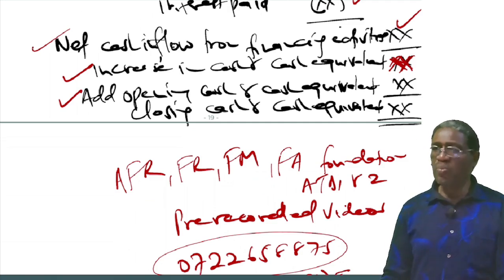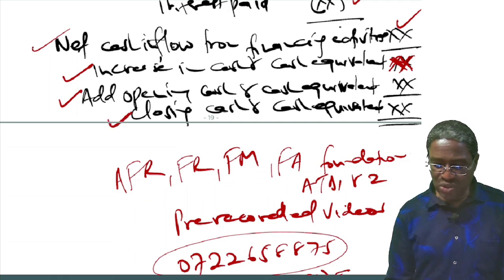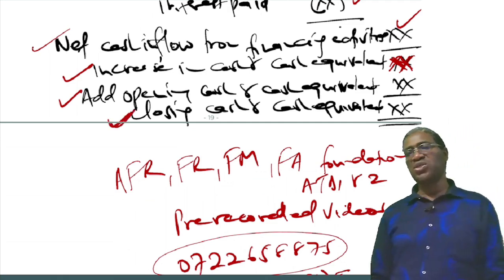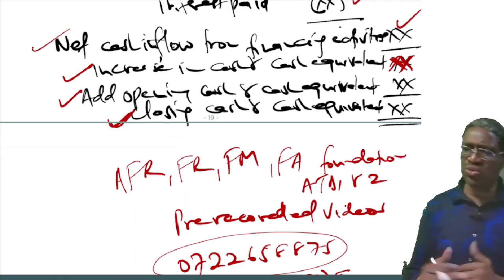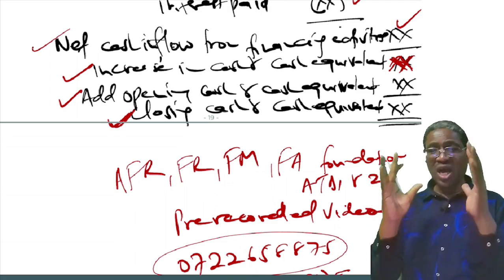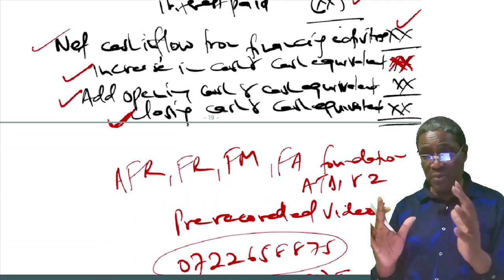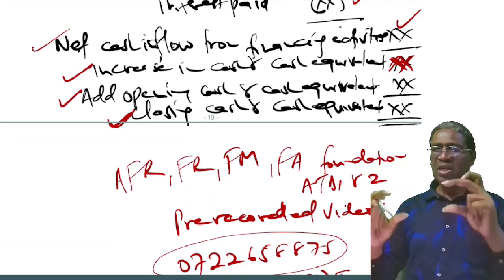Once you add the opening cash and cash equivalent, then you get the total, and that total is what we said you call the closing cash and cash equivalent. Good. So I think I've reminded you what we said concerning how to prepare a cash flow statement for a company, having those three categories: the operating, the investing, and the financing.